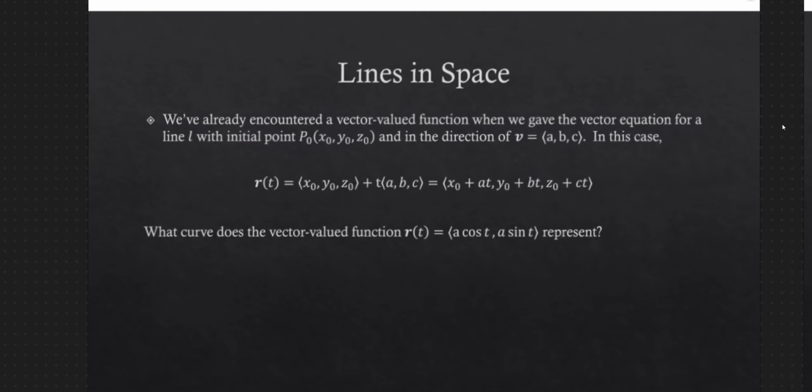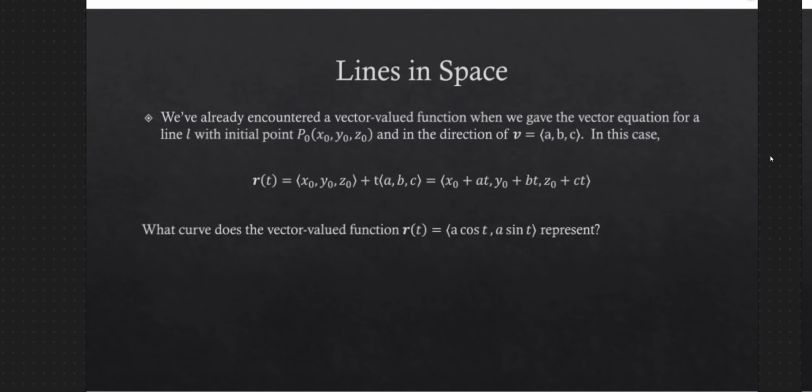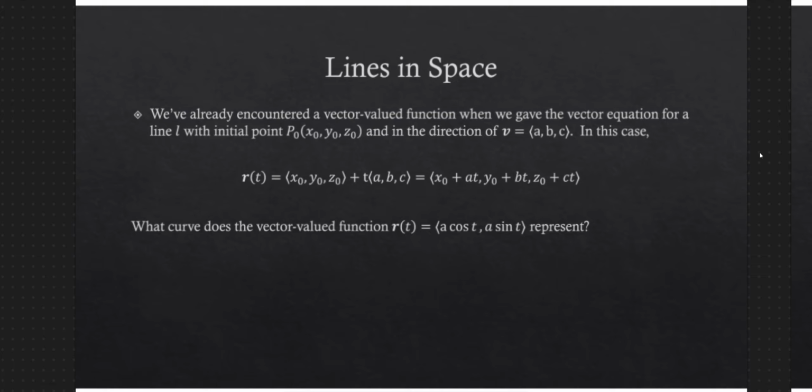And as I mentioned, we've already encountered a vector-valued function when we discussed the vector form of an equation of a line. It looked something like this. Remember back to when we did that, r of t equal to our point on the line plus t times our direction vector.